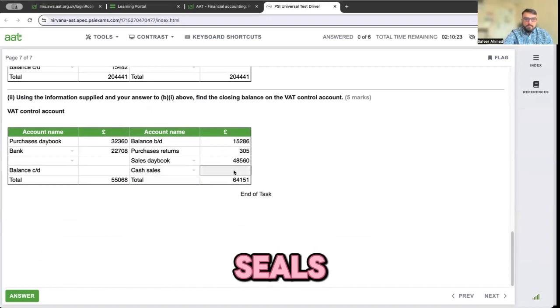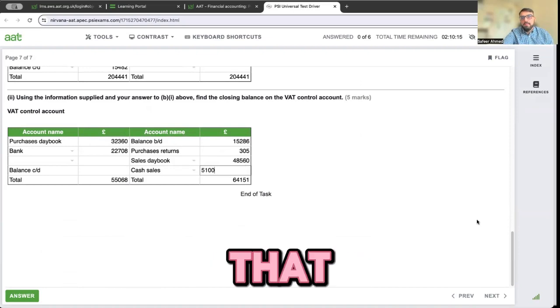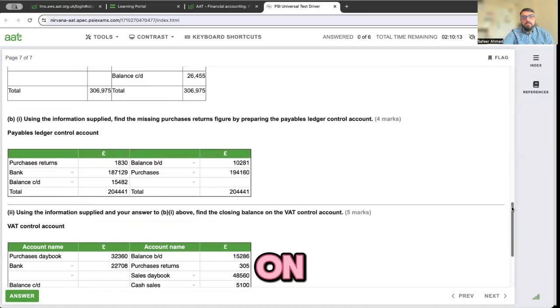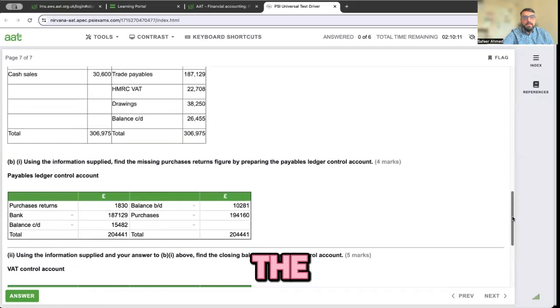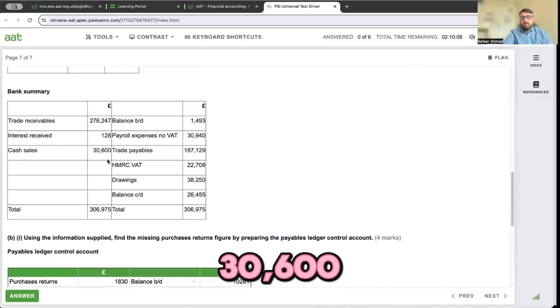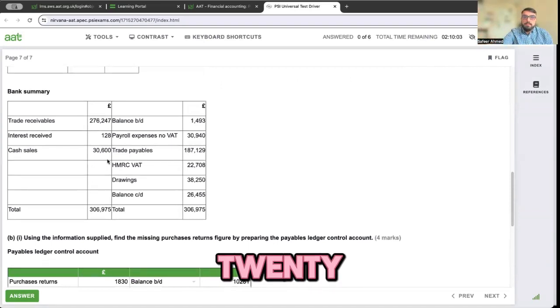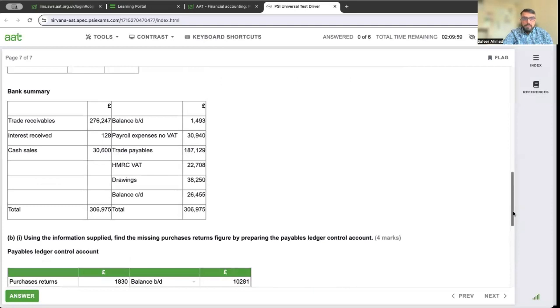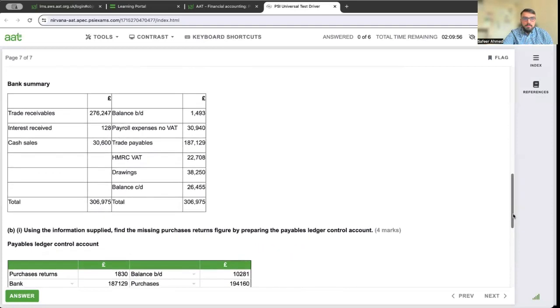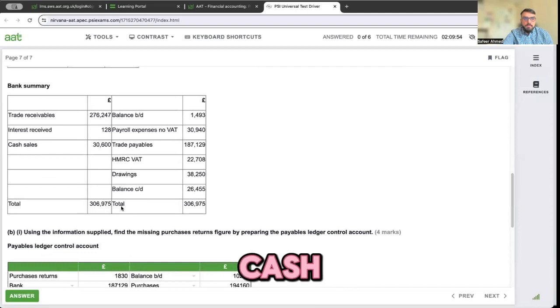Cash sales, and the amount for that is 5,100. And how did I calculate that? Again, on the cash sales from the bank summary, 30,600 divided by 6. Or in other words, 30,600 times 20 divided by 120, because this is a 120% figure.